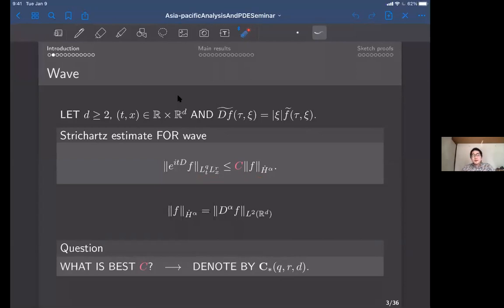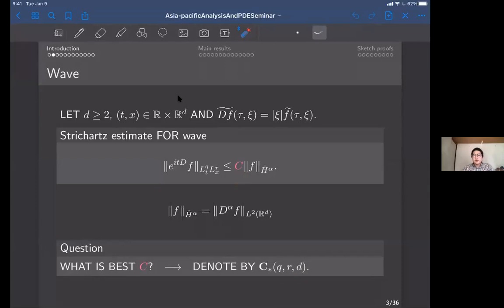And here the question is very simple. People usually don't care about this constant, no matter what it is. The estimate is enough for the applications, but what exactly is the smallest C? That's the question. Let's denote it by C star, depending on q, r, and d.